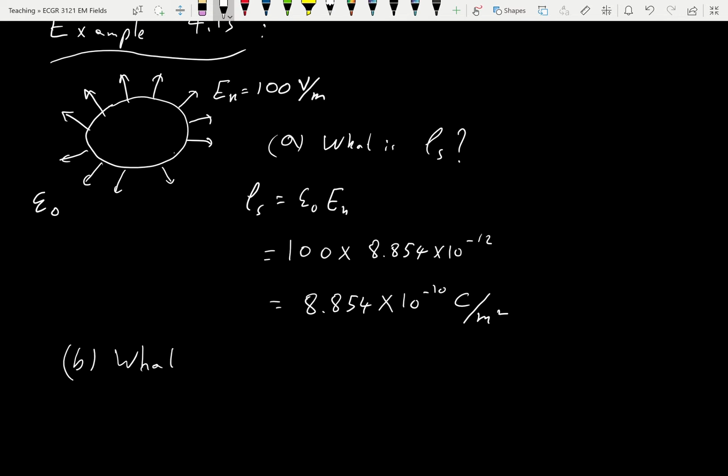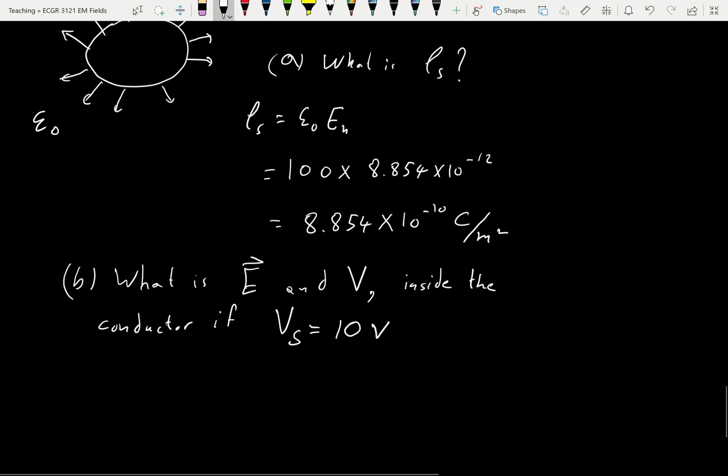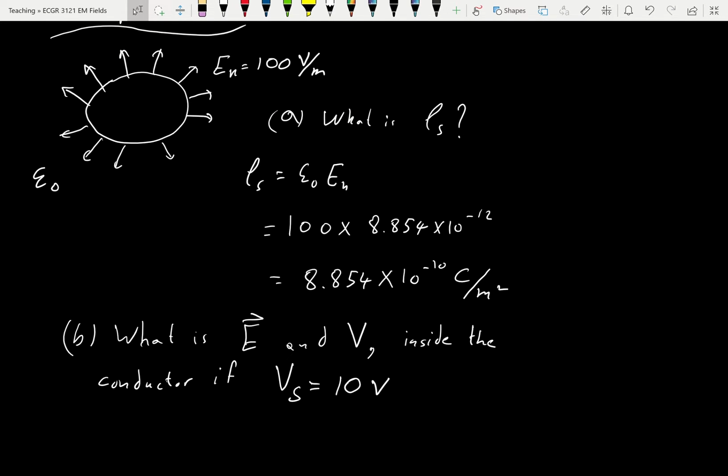What is E, the electric field intensity, and V, the potential, inside the conductor, if the potential at the surface is 10 volts? Remember, we discussed the potential last week. Right.